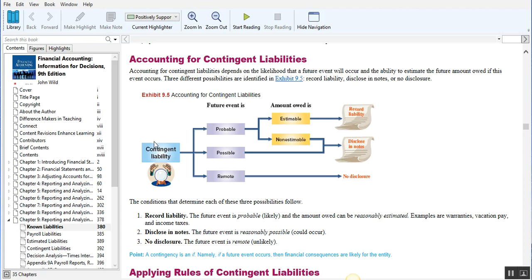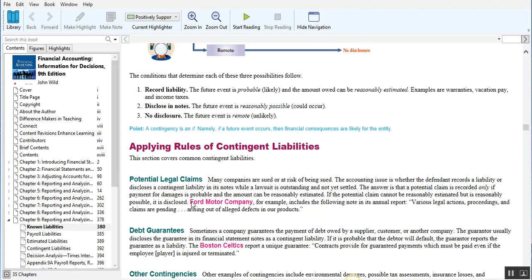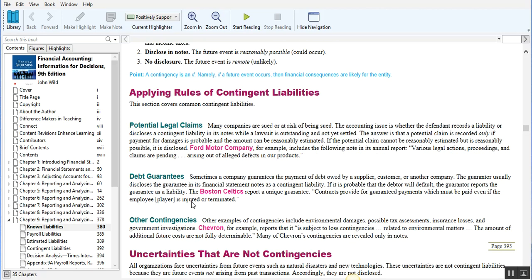The issue here is if you have a contingent liability and you record it, you don't want to record it too soon because you do not want to influence the outcome of the event. So these are the cases, this is how we apply those, and these are the rules that we would use with contingent liabilities.